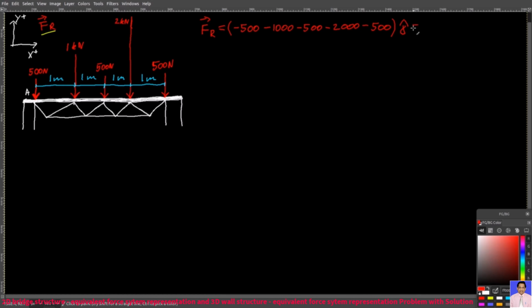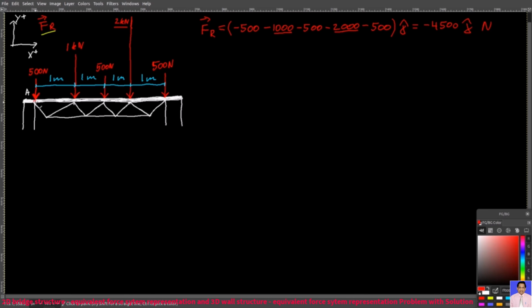And so in the end you will have minus 4,500 J newtons. Of course, here you have 1 kilonewton, but that's the same like 1,000 newtons. And the same thing here, 2 kilonewtons, it's 2,000 newtons.